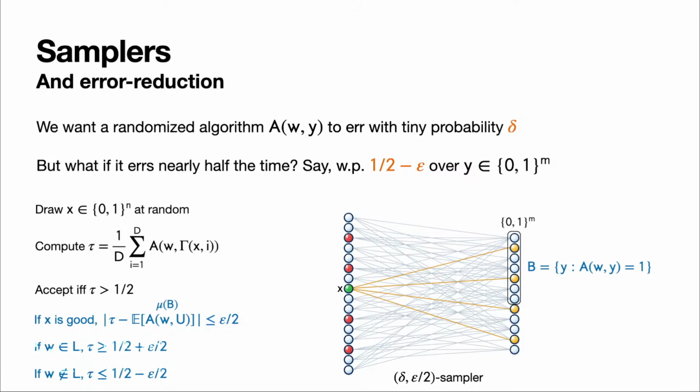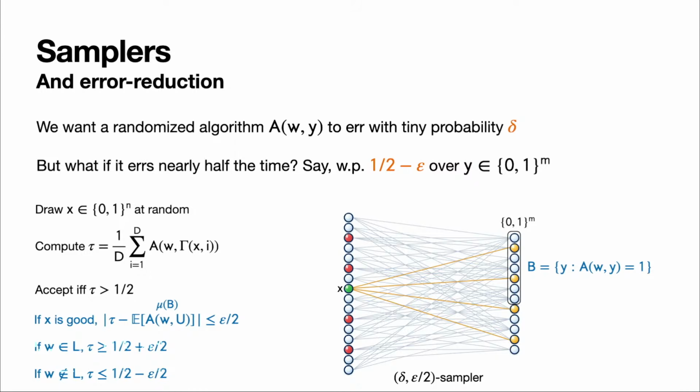So if you spend a minute, you'll see that if W is in the language, then tau is at least half plus epsilon over 2. And if W is not in the language, then tau is smaller than half minus epsilon over 2. So our algorithm that accepts if and only if tau is greater than half is going to work.